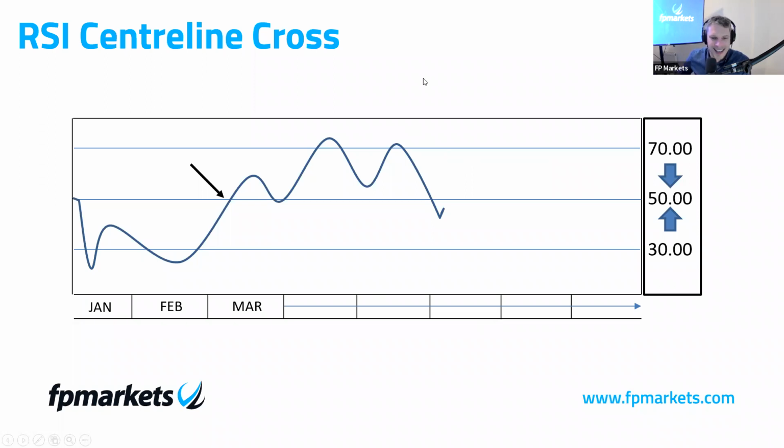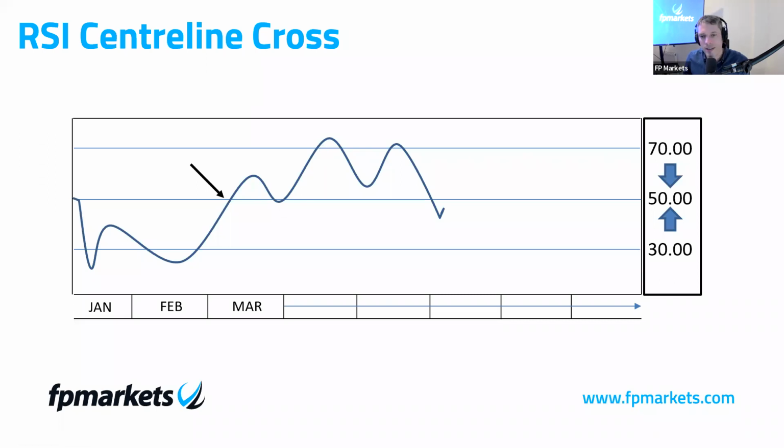Excuse me, guys. So an RSI centerline cross to the upside, in the direction of the 70 overbought threshold, shows that the trend is increasing in strength. Essentially, a bullish signal until the RSI touches the 70 overbought line.